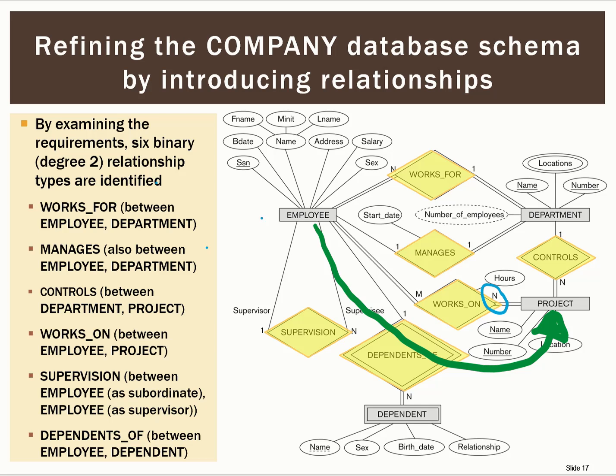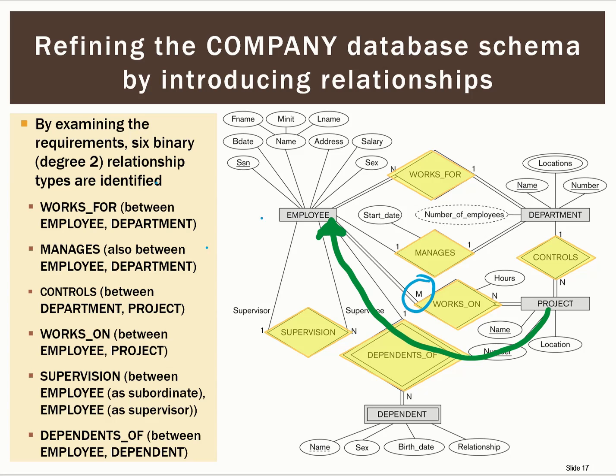The N, of course, meaning one or many. Now, if we were to read that relationship backwards, the way we would read that would be a project is worked on by one or many employees.